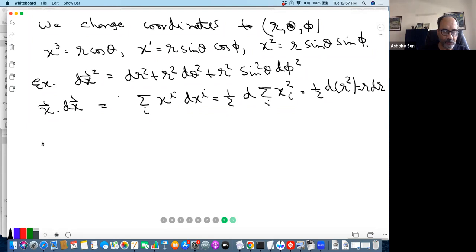Using that, I am going to write down the metric ds squared in the r, theta, phi coordinate system.